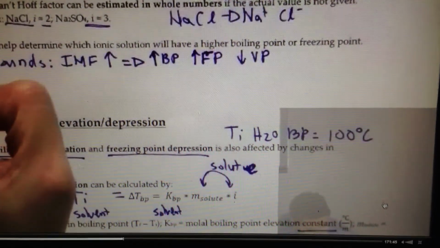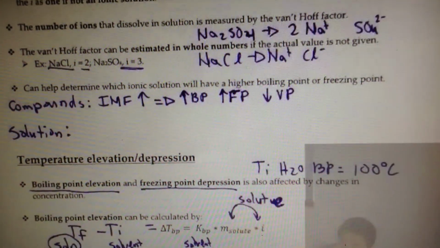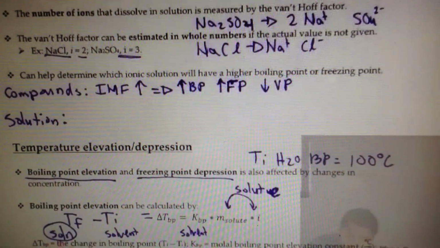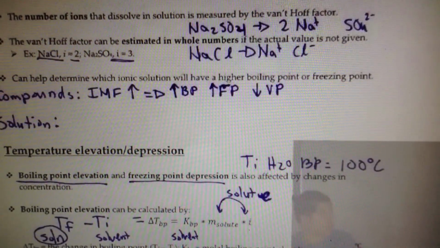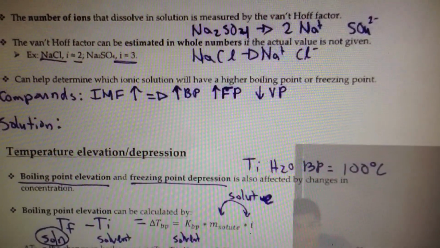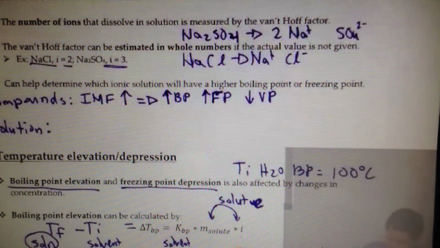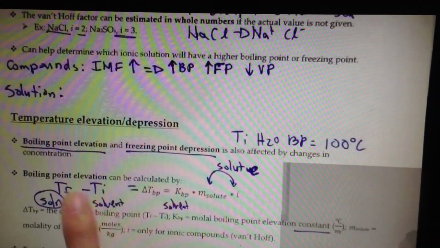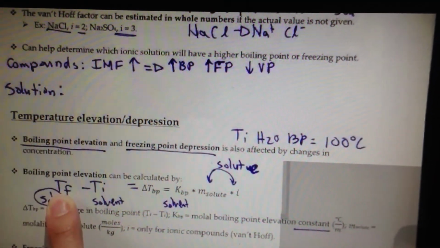Now, a solution is different. You're going to say, okay Rich, how do I recognize which one's a solution and which one is a compound? Well, in order to be a solution, you must have a concentration. Do you agree with that? Now, if you look at this formula, since K is a constant, what dictates how big T final is going to be?